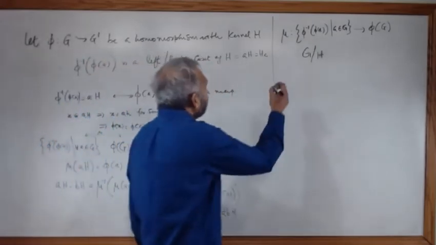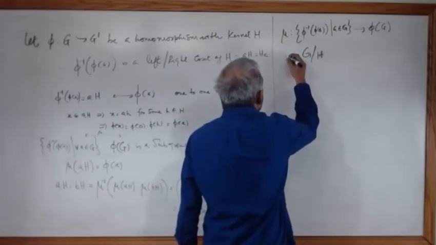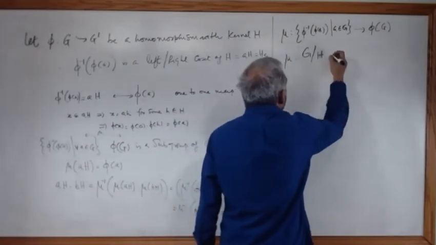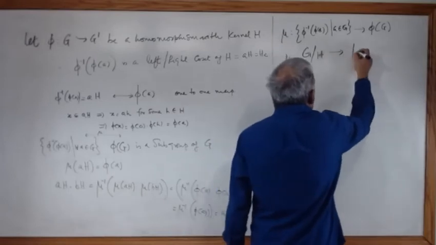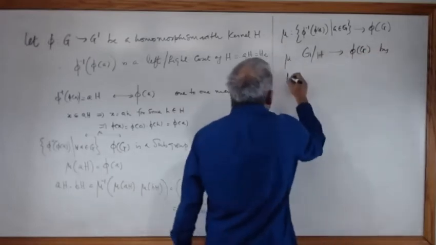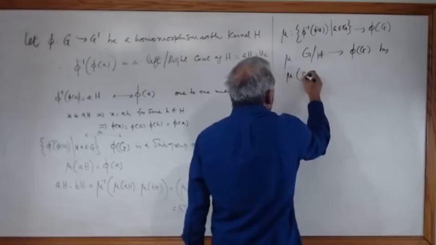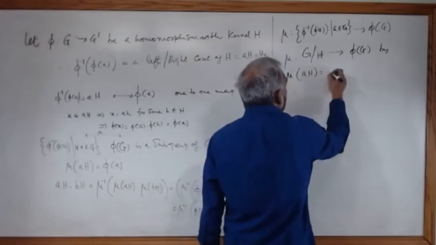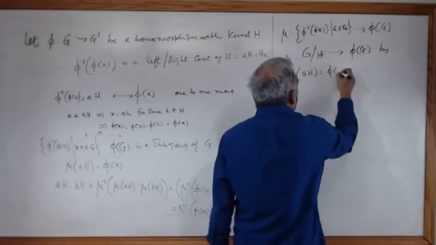So we are defining a bijective map mu from this to phi of G by mu of aH equal to phi of a.